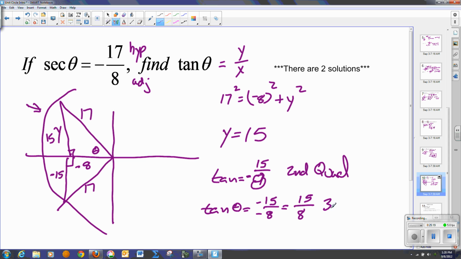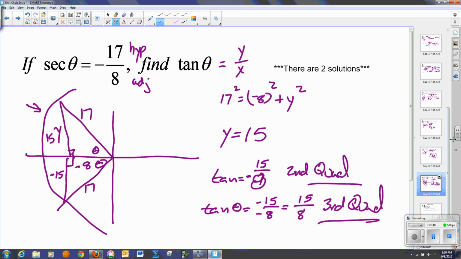And this reflects the third quadrant answer. So I'd actually have to have two solutions for tangent if I'm not given a specific quadrant that the angle falls in. So once again, my angle could have been in the second quadrant or the third quadrant.